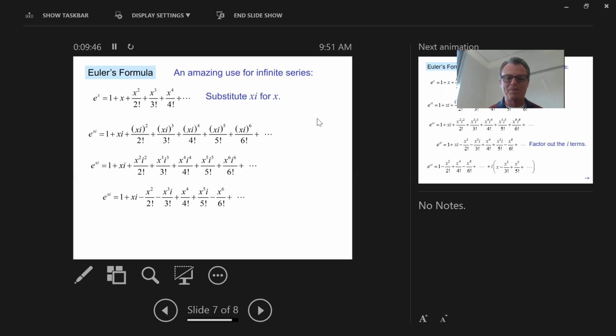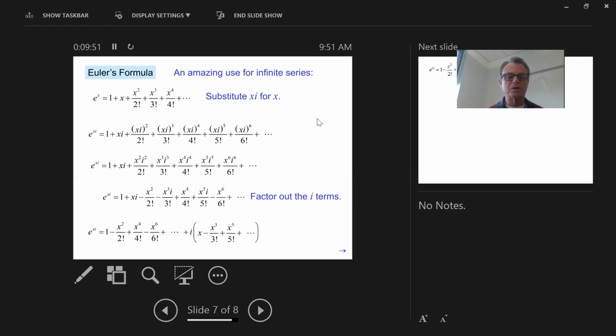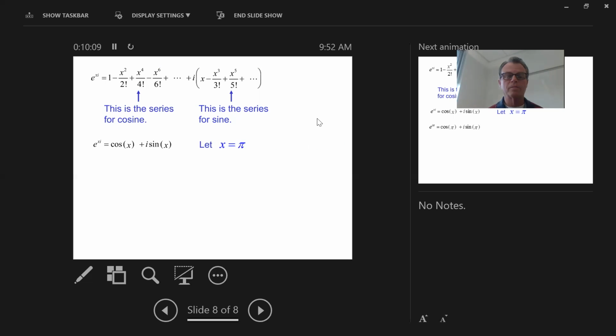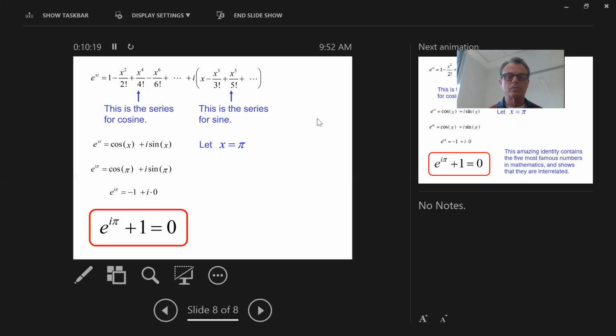This is not something you have to do on the AP test. This is just kind of interesting. And it gives you this. You'll do this in Calc 3. Here's the cosine. Here's the sine. And if you substitute pi for x, you get this, which has what in it?